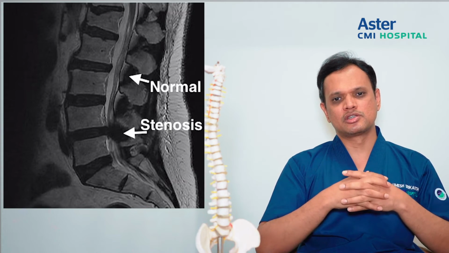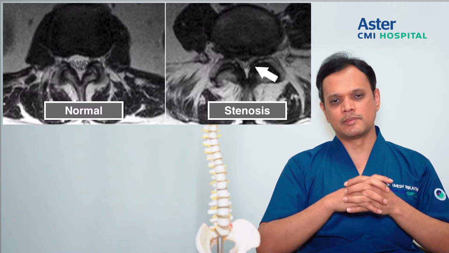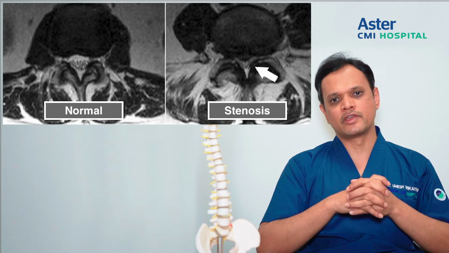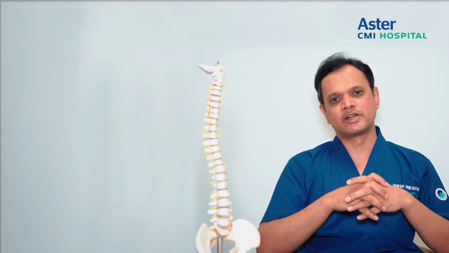Lumbar canal stenosis is usually diagnosed by an MRI scan, which is going to pick it up, and the doctor will be able to tell you the finding and the severity of the stenosis that you have. In most cases in early stages, conservative treatment is enough.